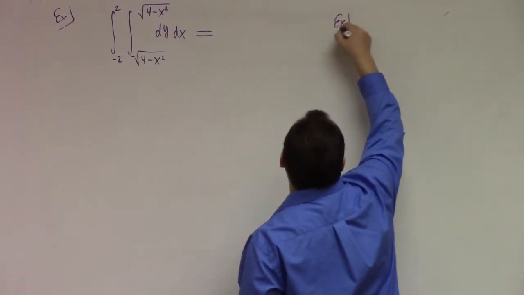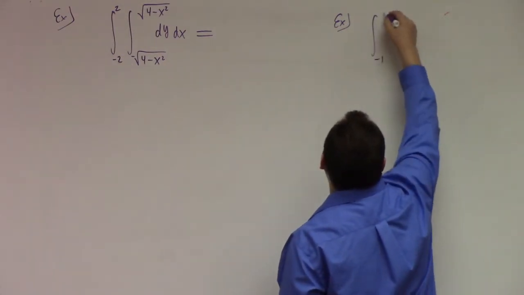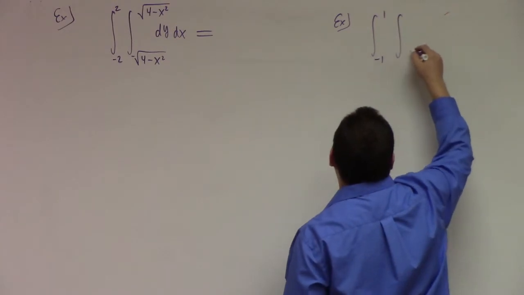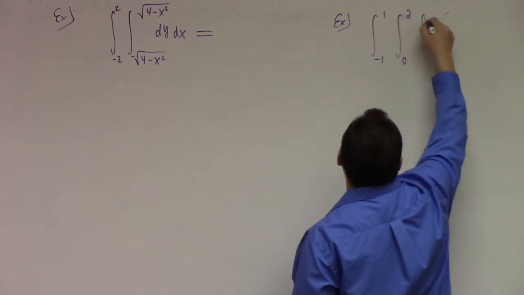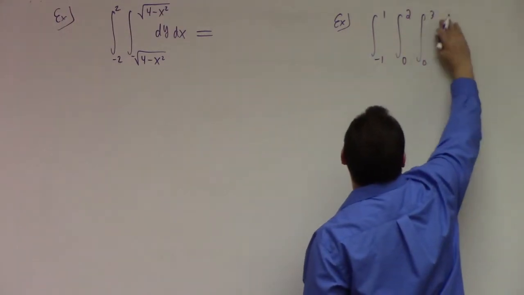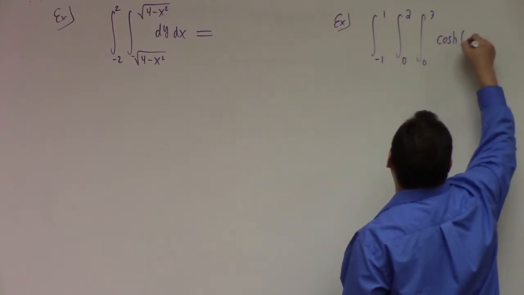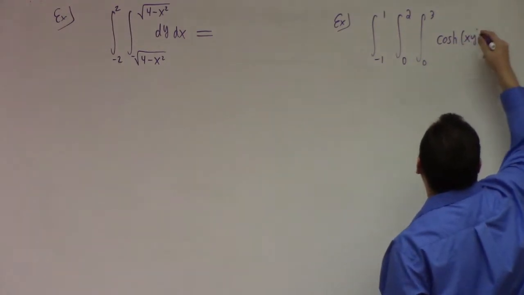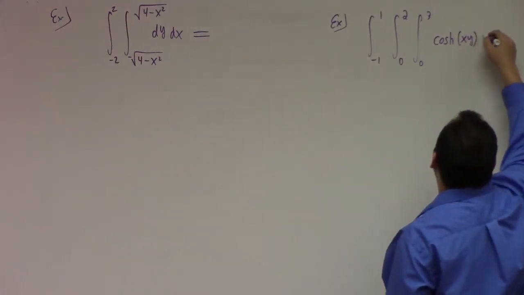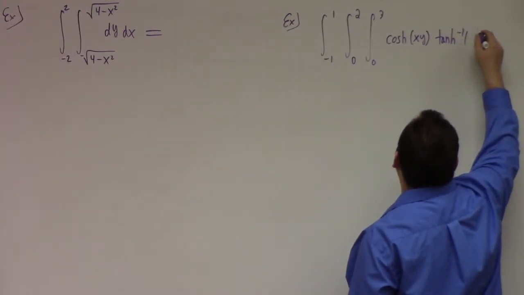Another example. Integrate from minus 1 to 1, integrate from 0 to 2, 0 to 3 of cosh of xy, inverse hyperbolic tangent of, oh, not that one.